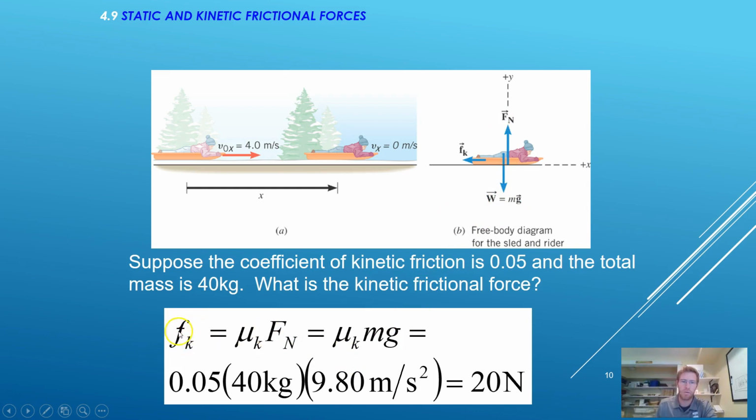So the force of kinetic friction is equal to the coefficient multiplied by mass and multiplied by gravity. So you do the math, you plug and chug, and you should get approximately 20 newtons of frictional force being experienced by the child on the sled.